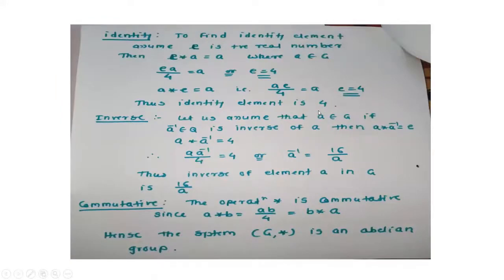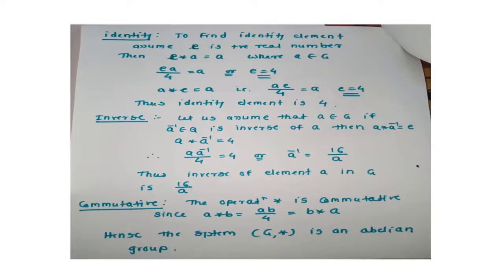Next, identity. To find the identity element, assume E is a positive real number, with E star A equal to A, where A belongs to G. As per our definition, a star operation between two elements, we can write EA divided by 4. Assume that E is your identity element.